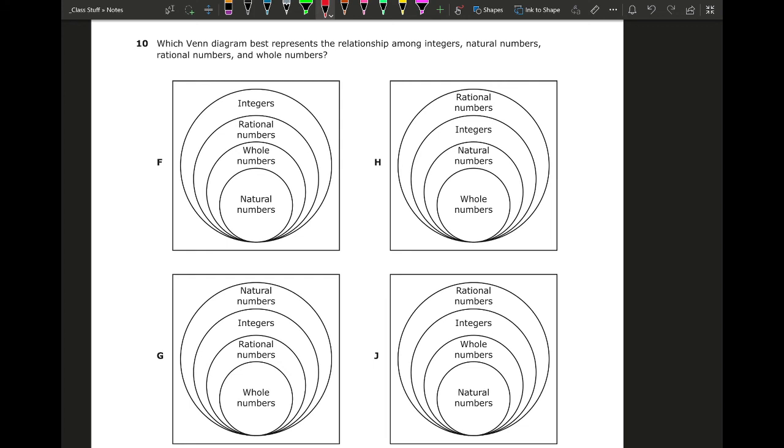So 0, 1, 2, 3, 4, 5, keep on going to infinity. You will never stop. And then we have rational numbers. Basically, each one of the previous categories is going to be included in the new category. So all natural numbers are whole numbers. All whole numbers and natural numbers are rational. My answer is going to be F, just FYI.